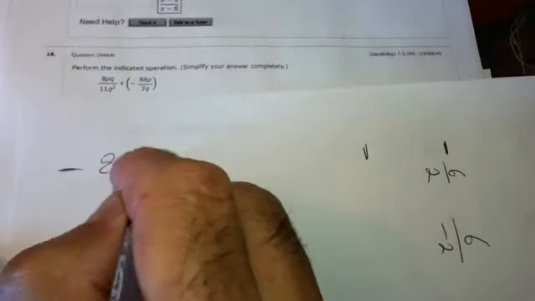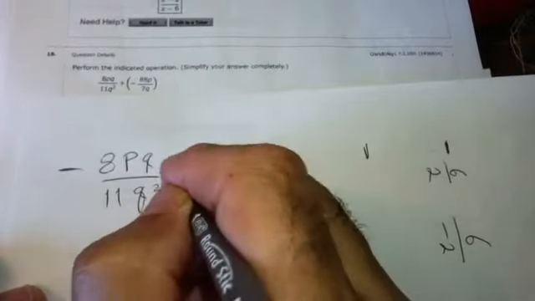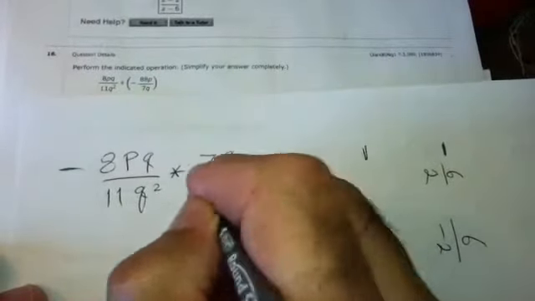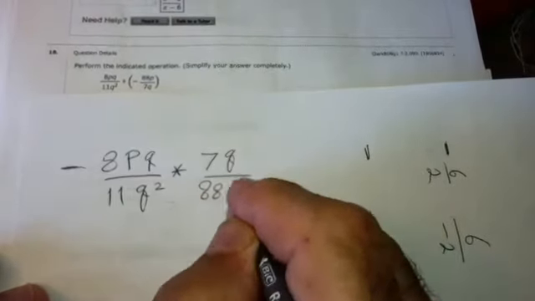I have negative 8pq over 11q², multiply by, reverse the second fraction, 7q divided by 88p. So move that negative to the front so it won't be in our calculations, okay?